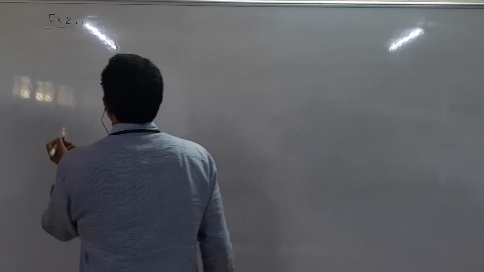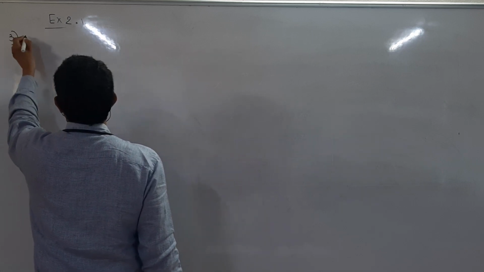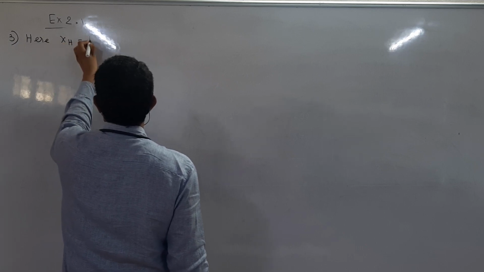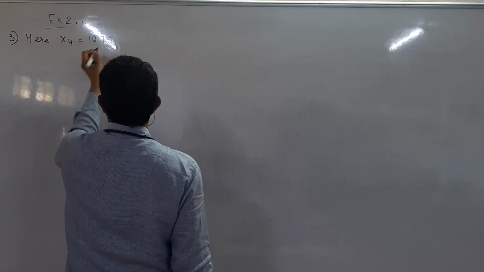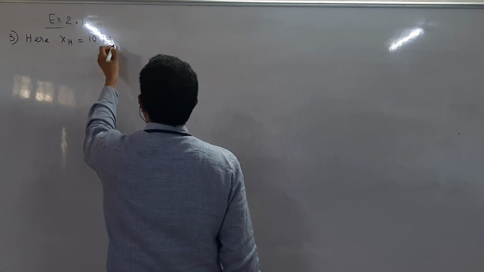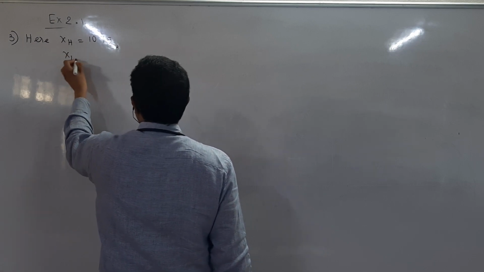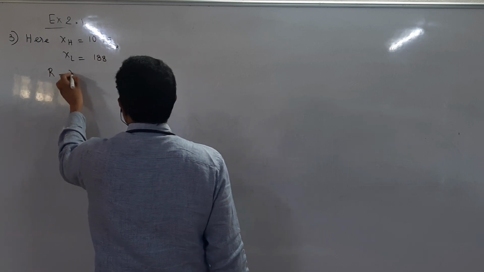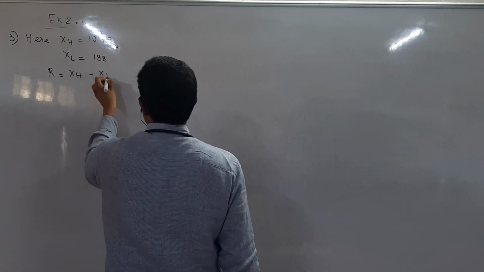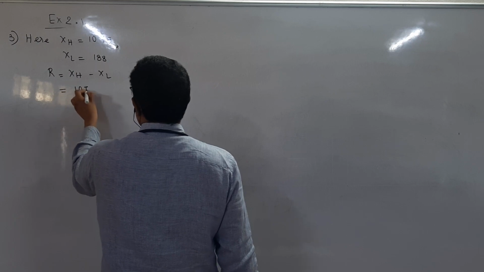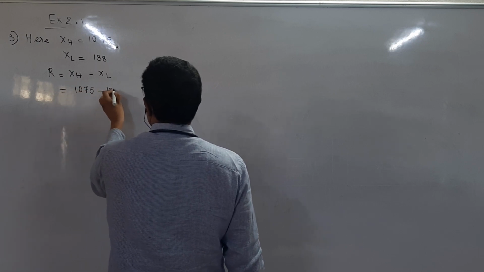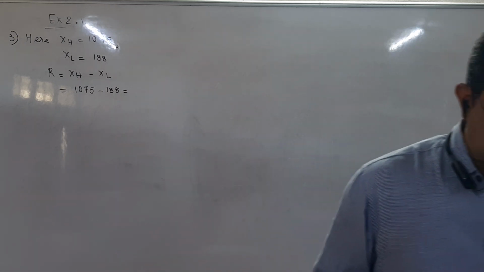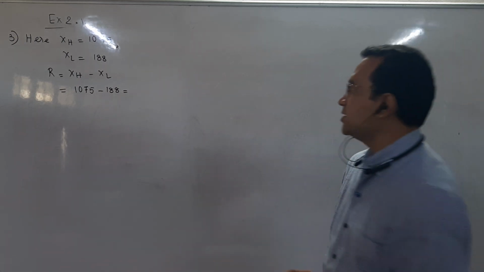So I write here XH is equal to 1075 and XL is 188. So the range of the data is nothing but XH minus XL, 1075 minus 188, and that range comes to 887.